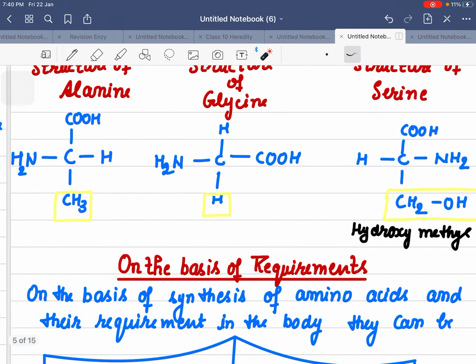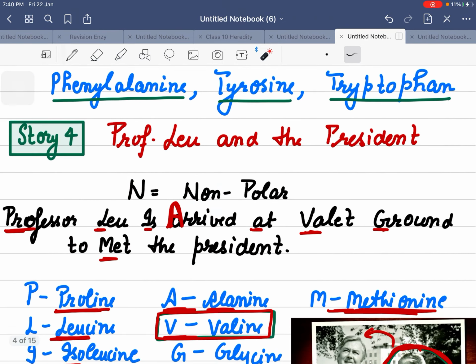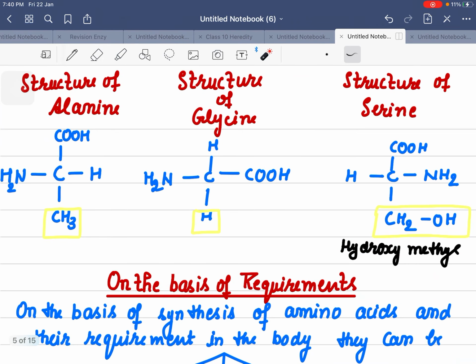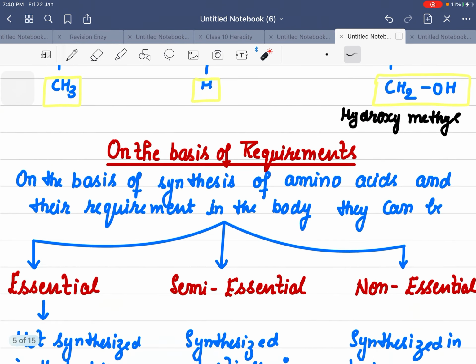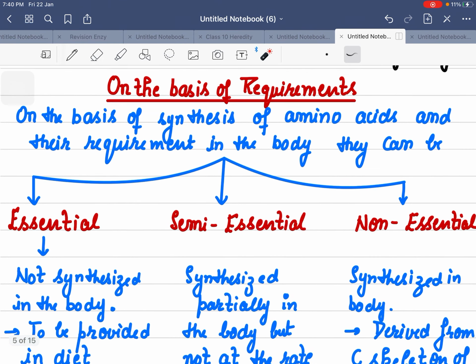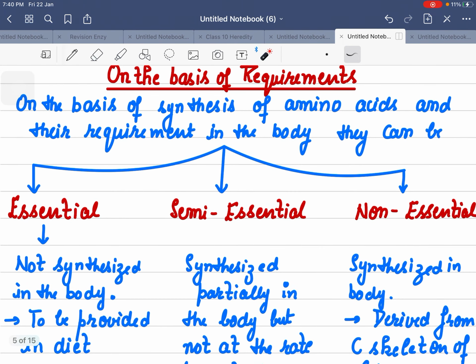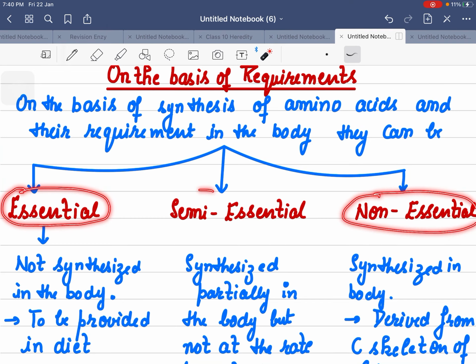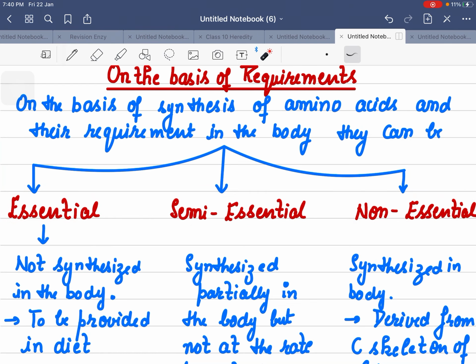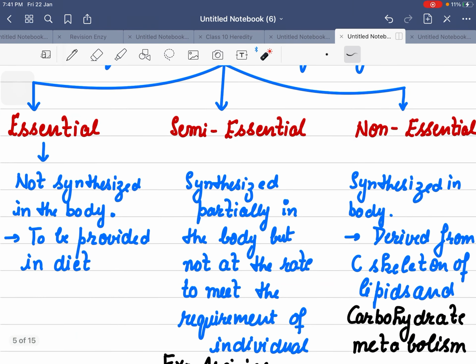acid. Now, this is all about polar, non-polar, as well as the aromatic amino acids. But on the basis of synthesis of amino acids as well as on the basis of requirement in the body, they are of 3 types: essential, non-essential, and sometimes we talk about semi-essential.